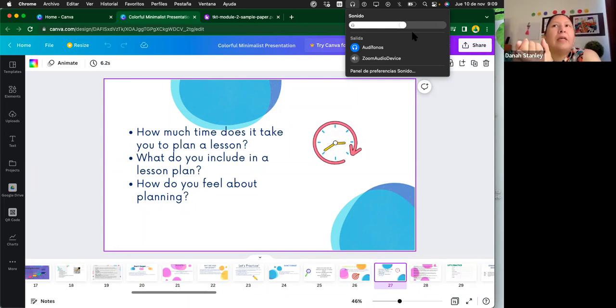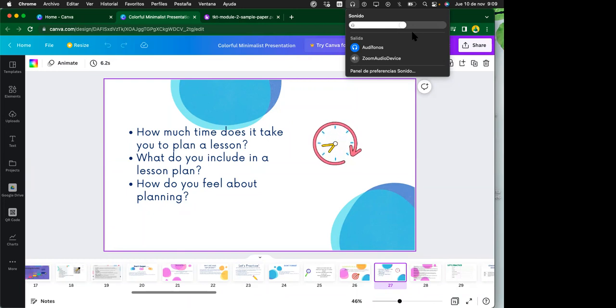And this time includes the preparation of the material. Yes, because I mostly use PowerPoint, and sometimes Word documents because I'm working with college students, so it's not the same. I used to work in basic education, but a while ago. So when I was there, it took me more time than what it is taking me now.